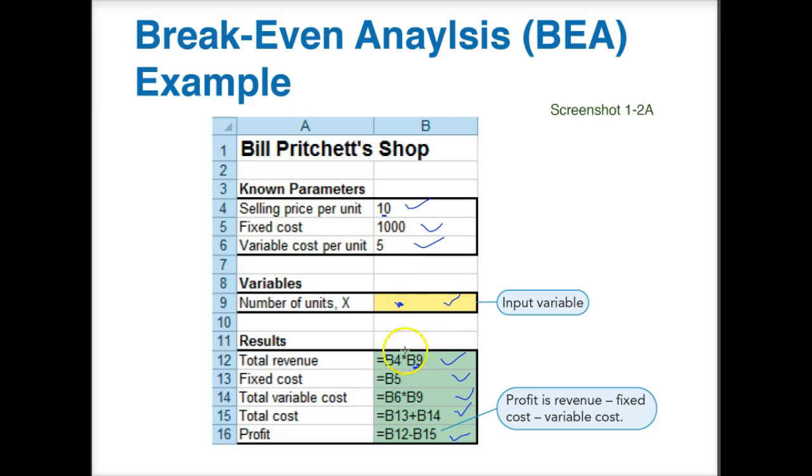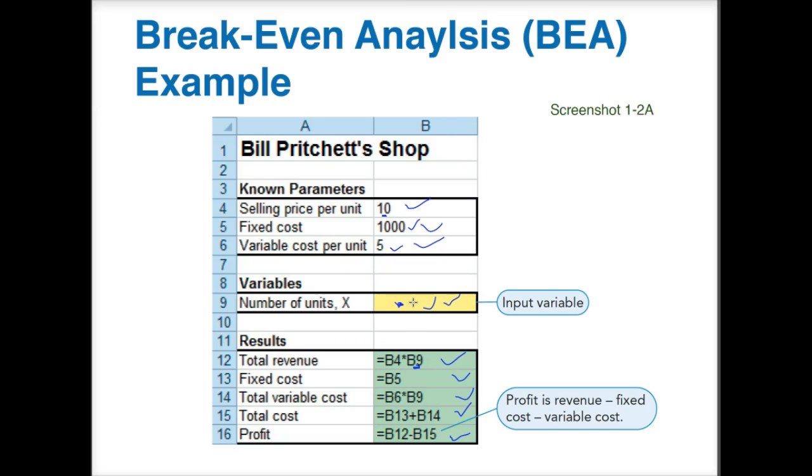That's what revenue is. Our cost, of course, here we have a fixed cost, which is B5, which is 1,000. Our variable cost is going to be the 5 that's here, in B6, times B9, which is how many units we're putting in.